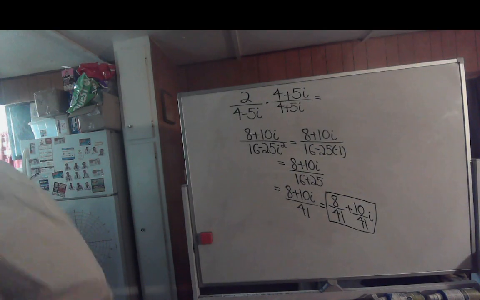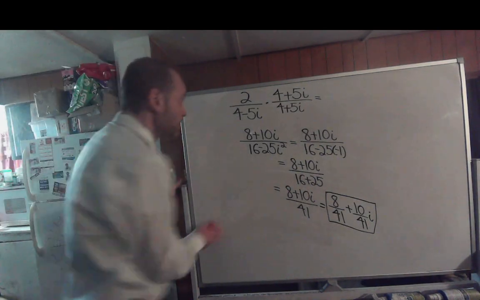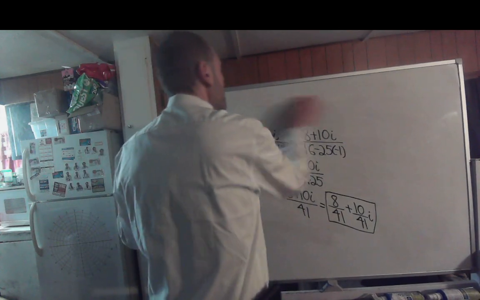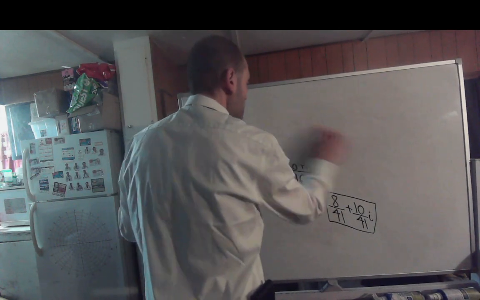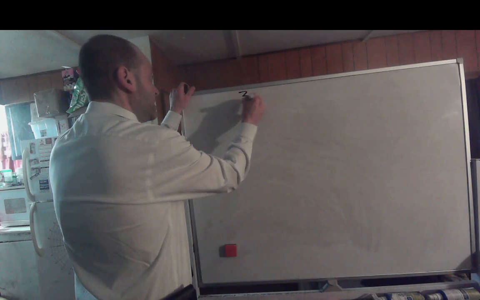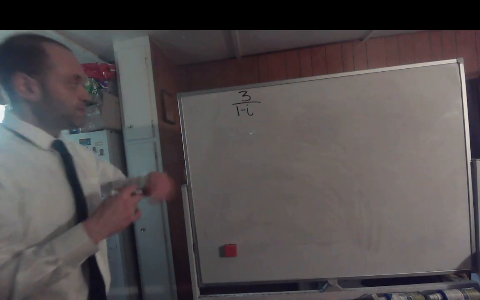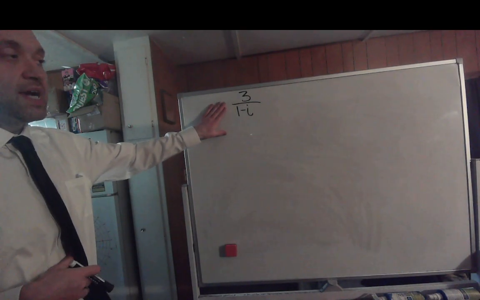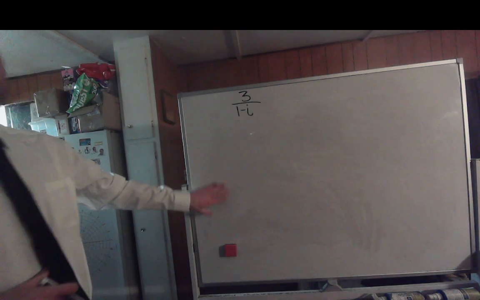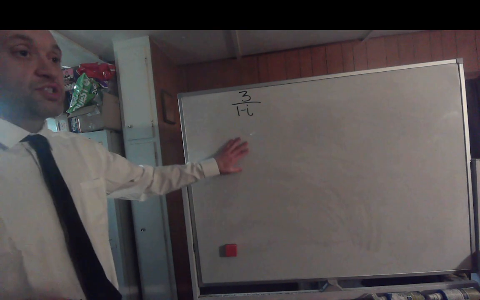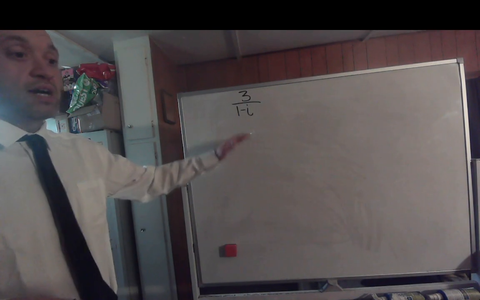All right, let's see here. Let's do 3 over 1 minus i. So we have 3 over 1 minus i. Well, we're going to have to rationalize the denominator again, so you have to multiply by the complex conjugate.